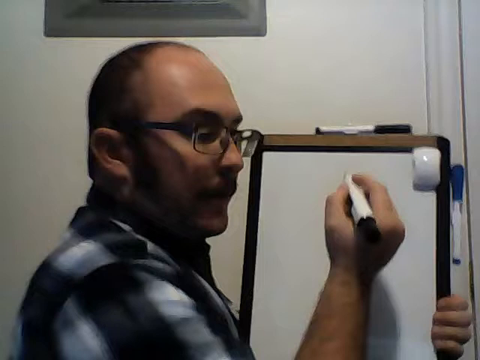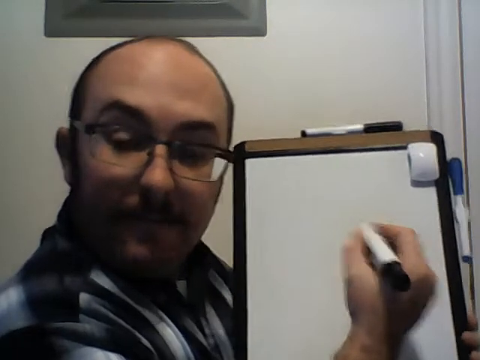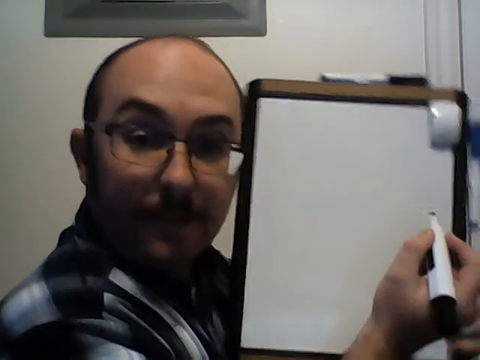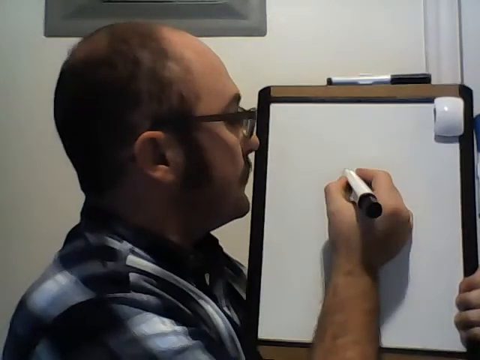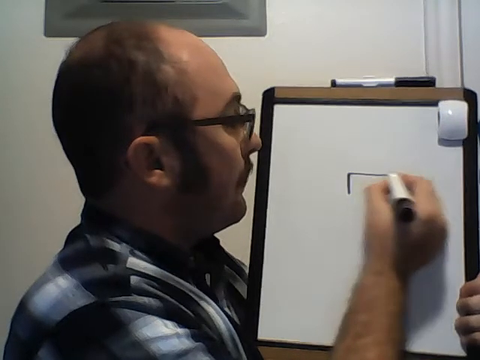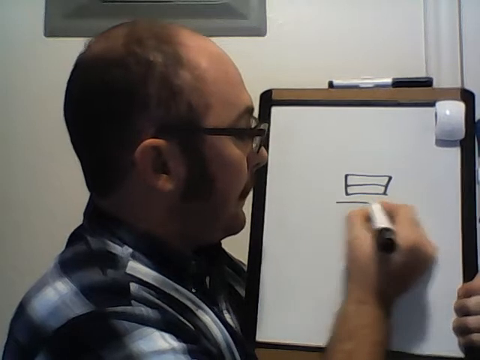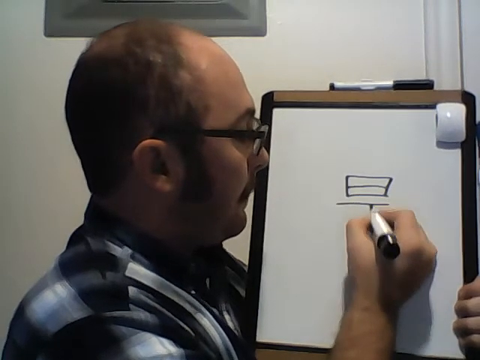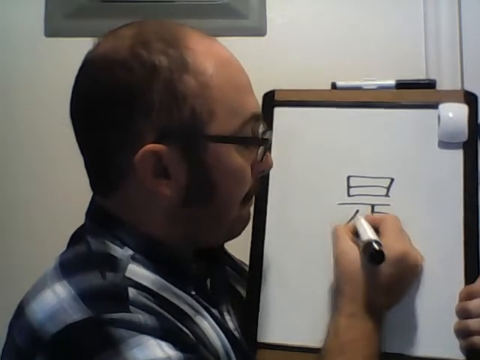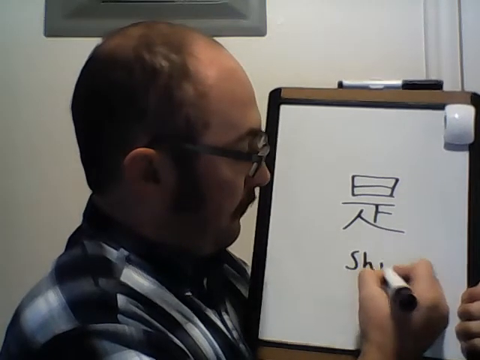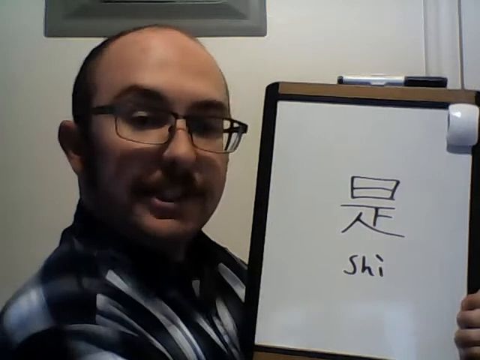Okay. So I've been talking about this one a lot in some previous videos, and I kept saying we'd get to it. Well, we finally got to it. So this is shi.